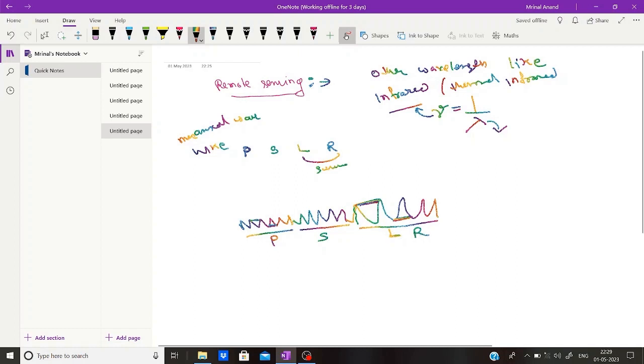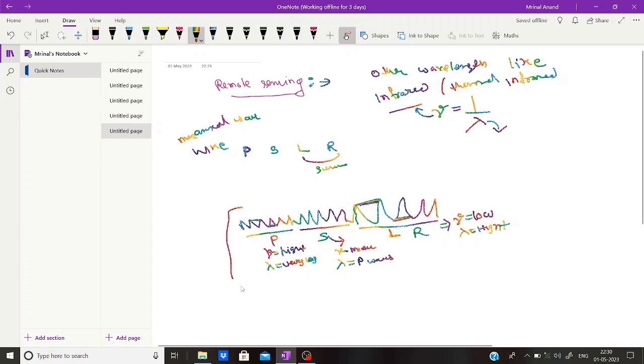So if we are talking about this Love wave, it will have low frequency and high wavelength. In the case of the primary wave, you can see the frequency is very high and its wavelength is very small. In the case of the secondary wave, the frequency is moderate as compared to the P wave, and the wavelength is a little bit higher than the primary waves.